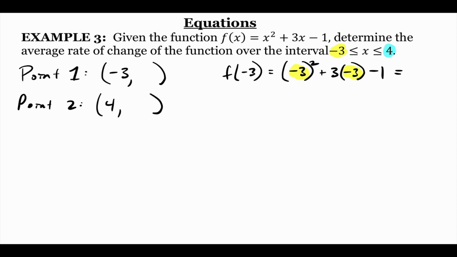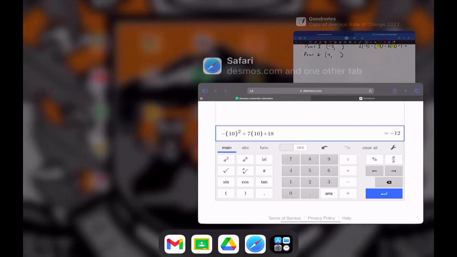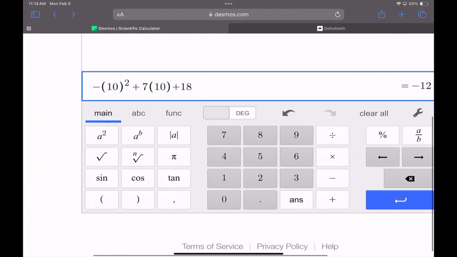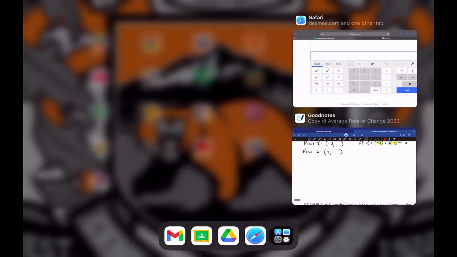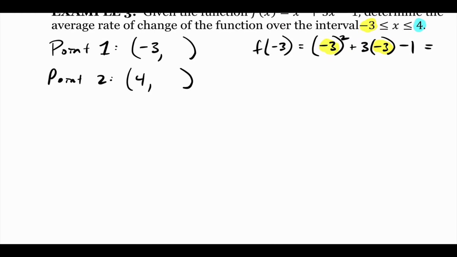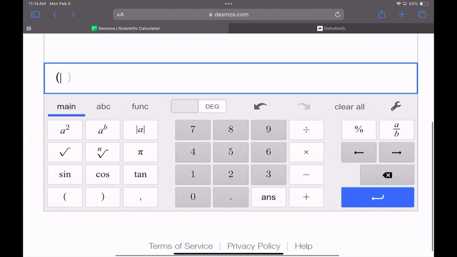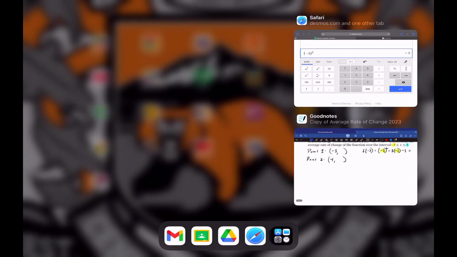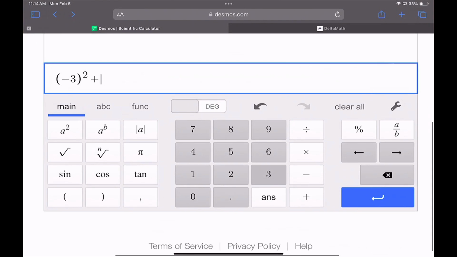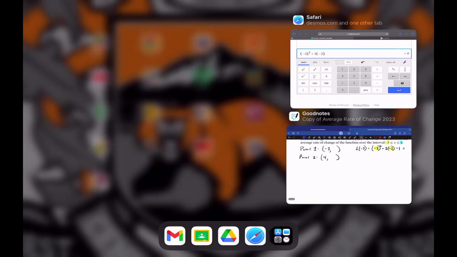So I'm going to go to my calculator now, see what I get. Okay, so it's parentheses negative 3 squared, parentheses negative 3 to the second power, plus 3, parentheses negative 3, minus 1.